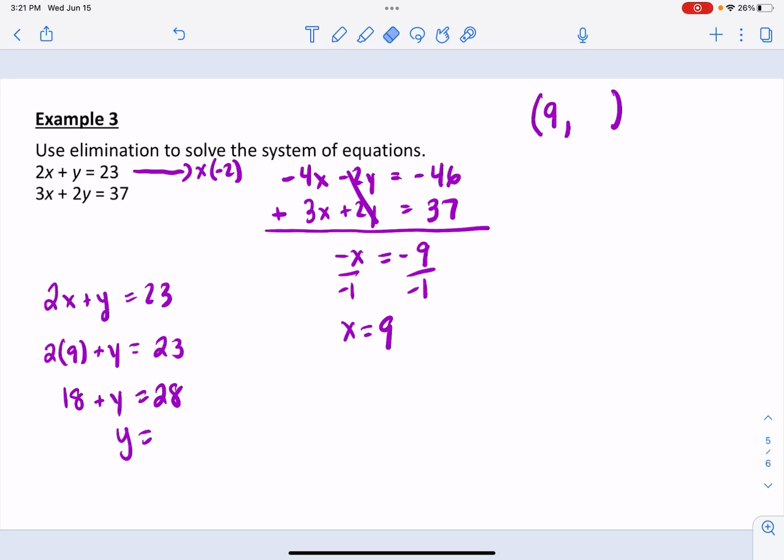I was thinking about the 18 that I was subtracting, and I wrote that as a 23. Okay, so that's what we have for that one.